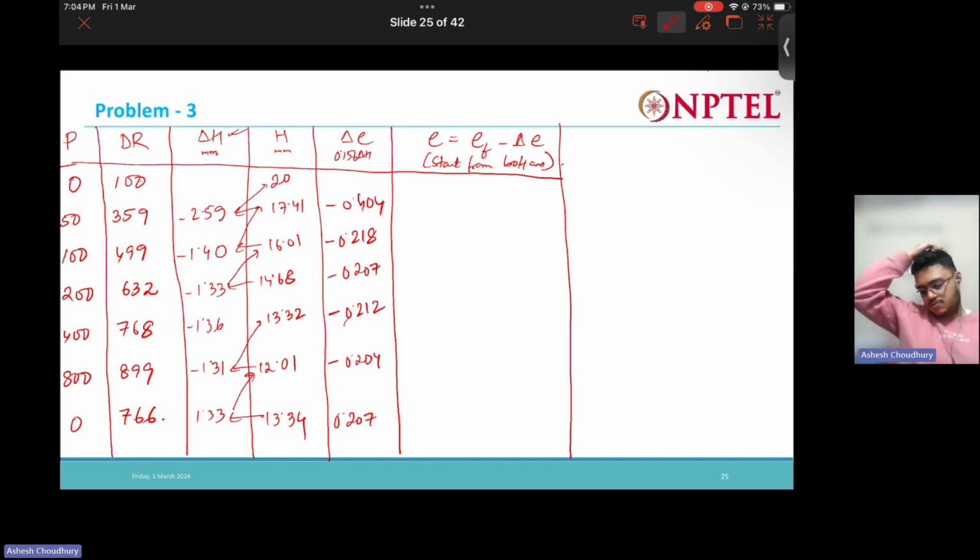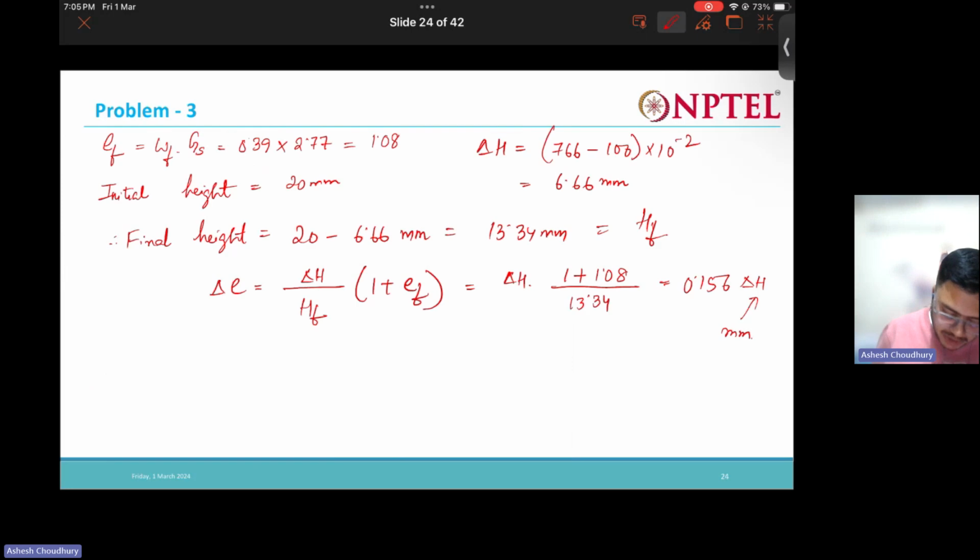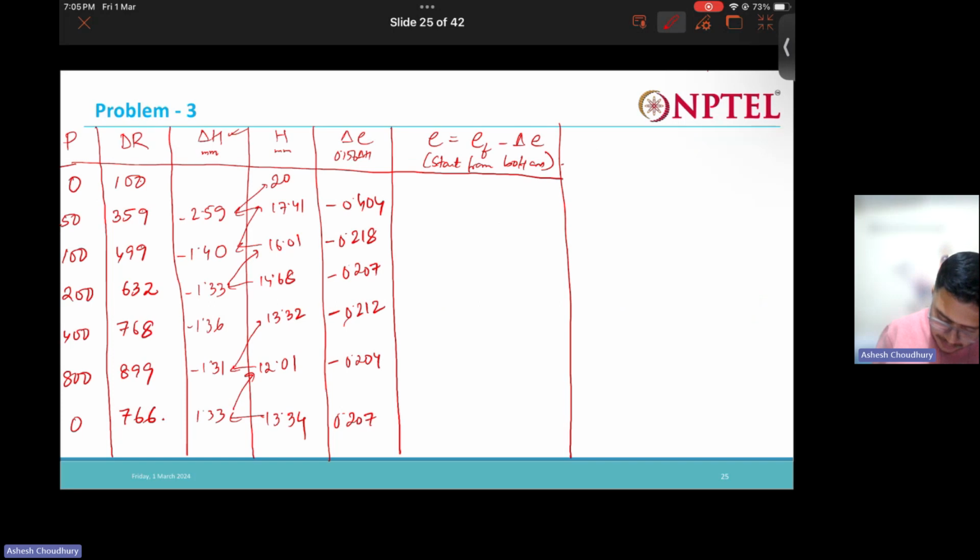Done. We got this. Now how to get the final void ratios? What is the final void ratio? 1.08. This you know, right? So write 1.08. Same 1.08 minus 0.207, e_f minus delta E. So 1.08 minus 0.207 will be 0.873.